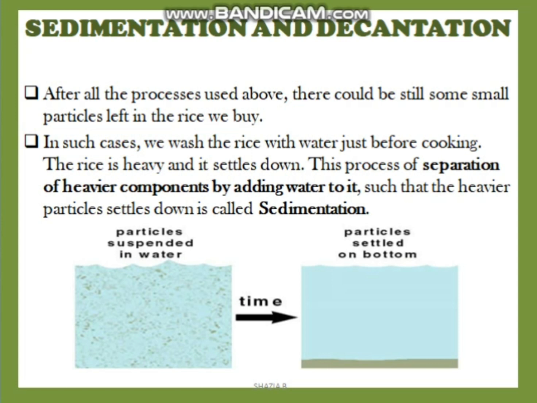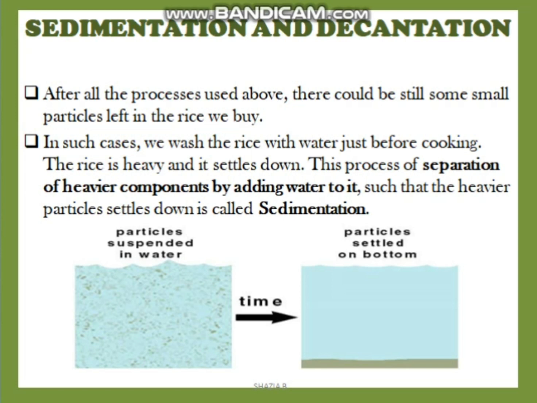That is, we get clear water at the top of the muddy water, as we can see here in this picture, and the sand particles get settled down. This settlement at the bottom is called sedimentation.